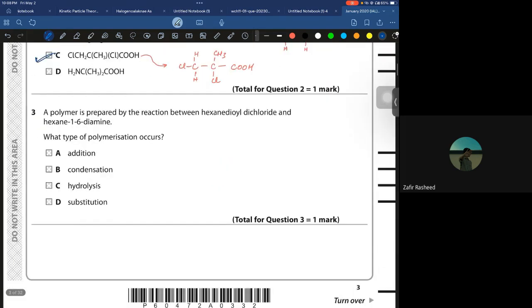Then question number three. A polymer is prepared by the reaction between hexanedioyl chloride, one, two, three, four, five, six, and hexane-1,6-diamine.